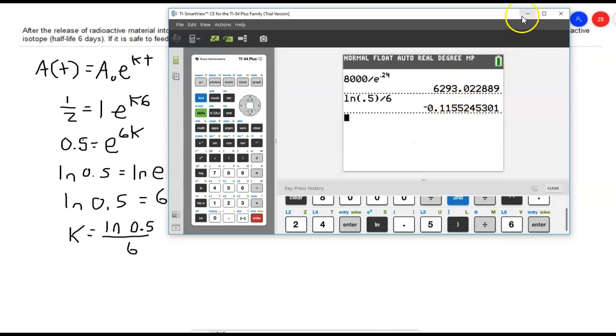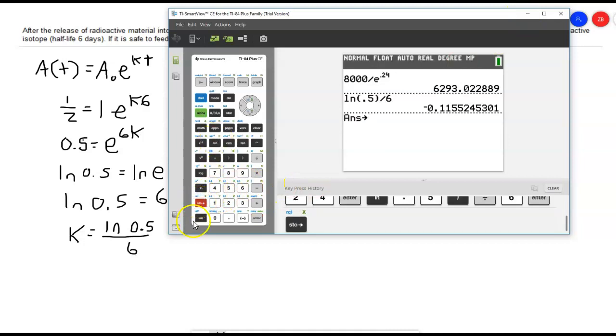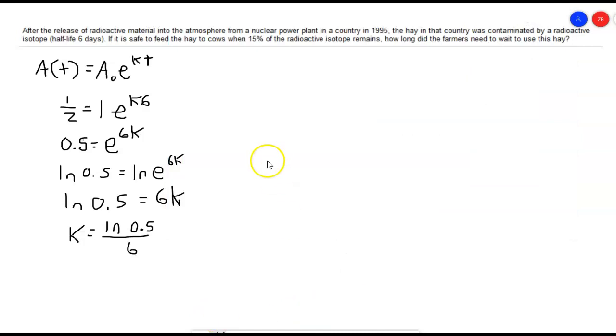So for my calculator, I'm going to store that as x. Now if I need to use it, I can just put x instead of that big long number. All right, so now that we have our k, now we can solve this problem right here.